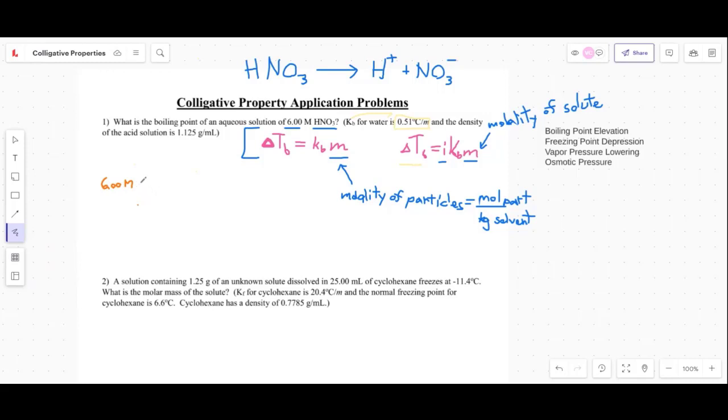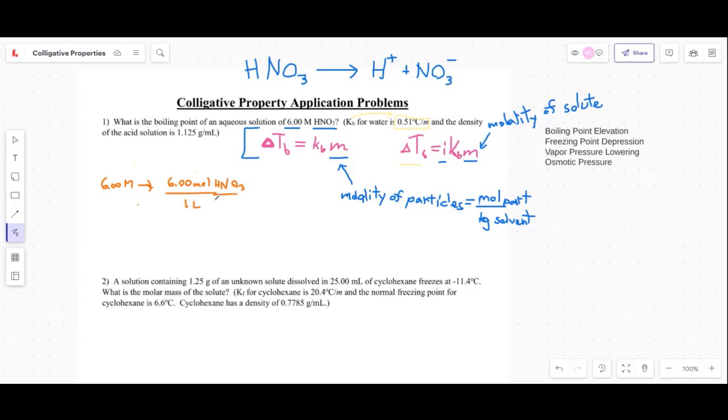It to me it means that you have 6.00 moles of nitric acid per liter of solution. There you go. So this is 6.00 moles of HNO3 per liter of solution. Okay? So that's what this means.